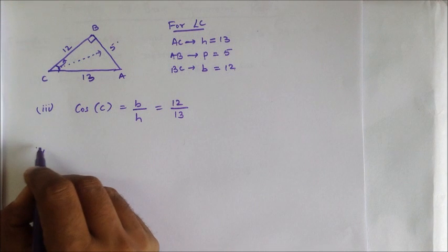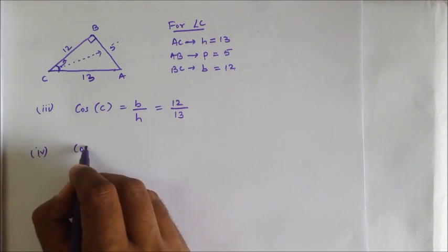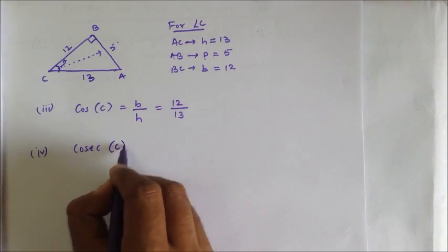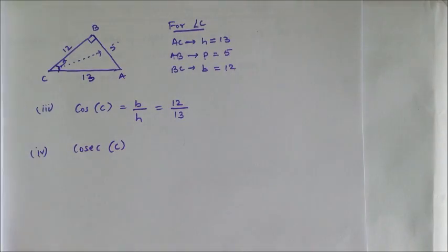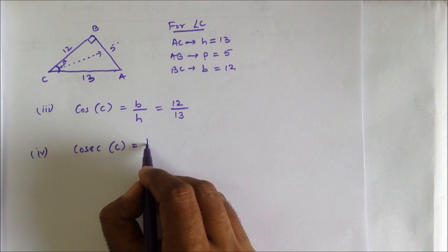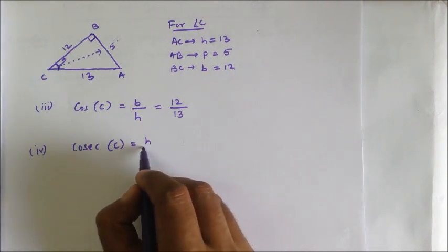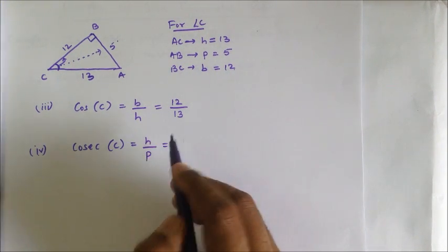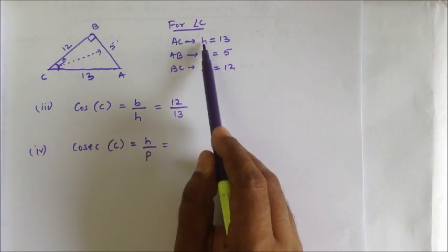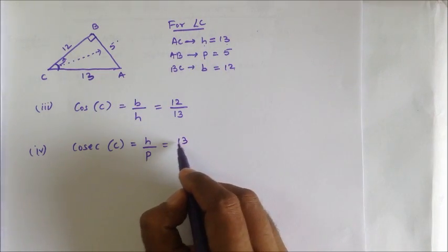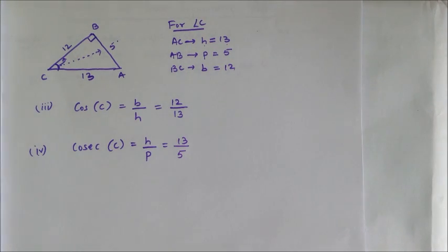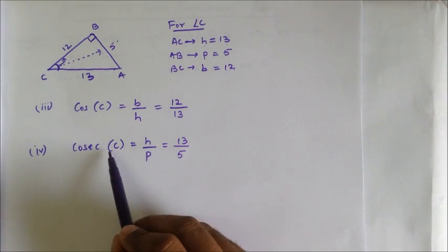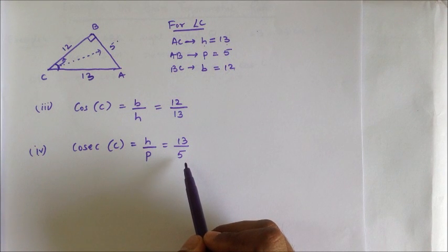The fourth case, we had to find cosec of C. Now cosec is the ratio between the hypotenuse and the perpendicular. The hypotenuse for angle C is of length 13 and the perpendicular is of length 5. Hence, cosec of C would be 13 upon 5.